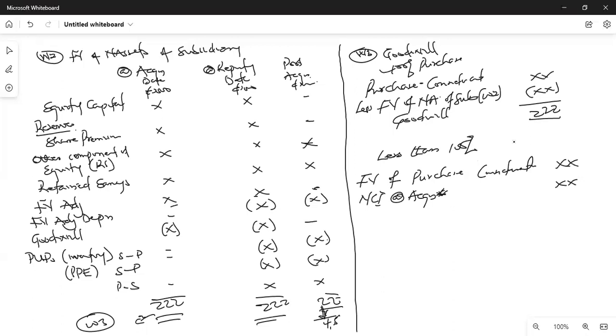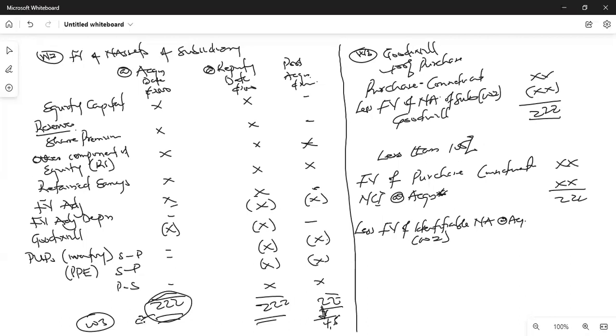All right. Now, when you add this, you have your balance, then you have to come now and less what? Fair value of net assets, right? Fair value of identifiable net assets at acquisition, which is actually your workings 2, this figure.